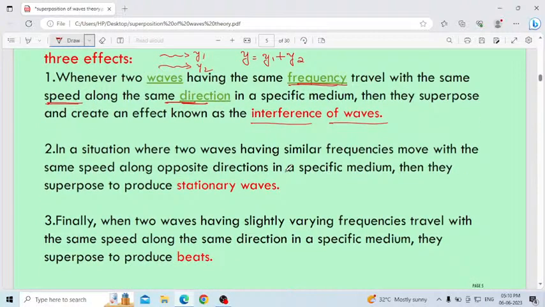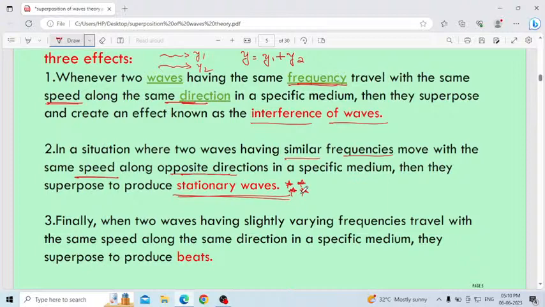Next, in a situation where two waves having the same frequency move with the same speed, but they move in the opposite direction in a specific medium, that one we will consider as a stationary wave. Always remember, in a stationary wave the waves move in the opposite direction.